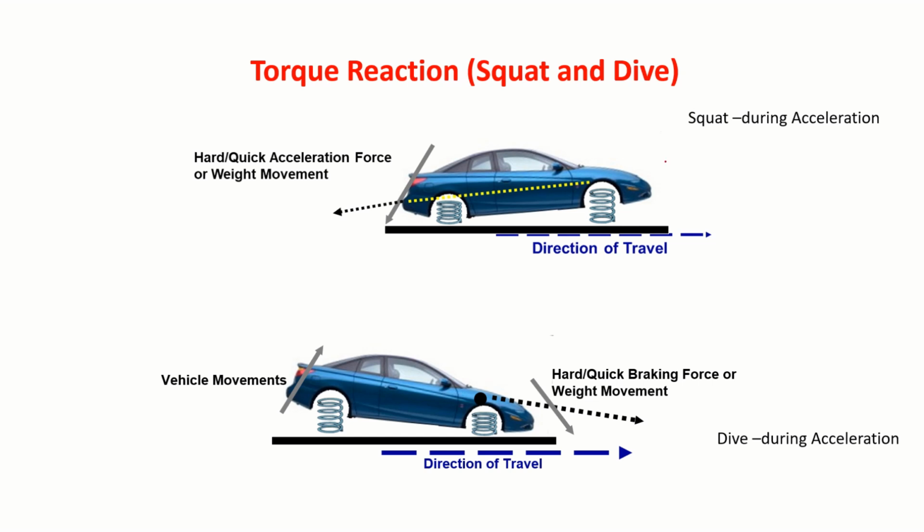Let us say you are driving this vehicle at a particular speed. Or let us say the vehicle is stationary. Now all of a sudden, when you open the throttle or accelerate the vehicle, certain weight which is there in the front axle gets transferred to the rear axle.